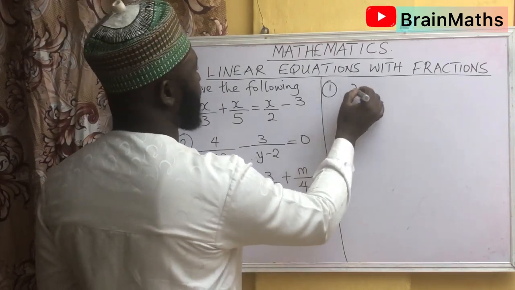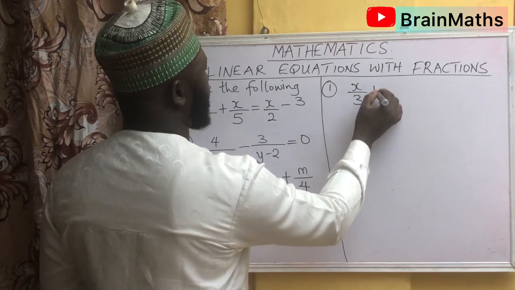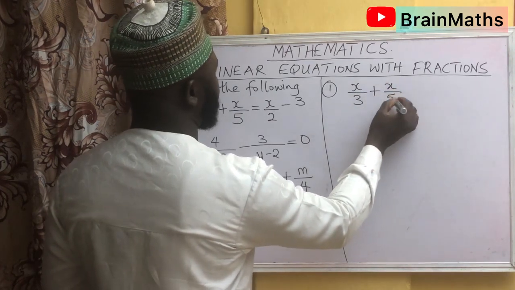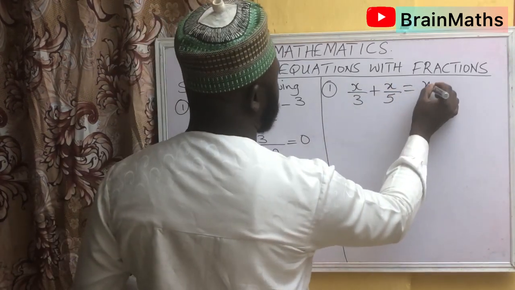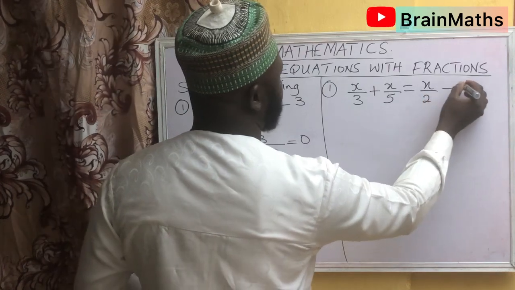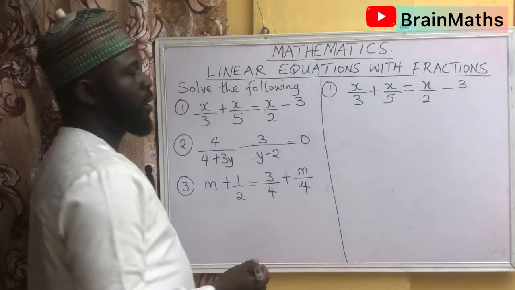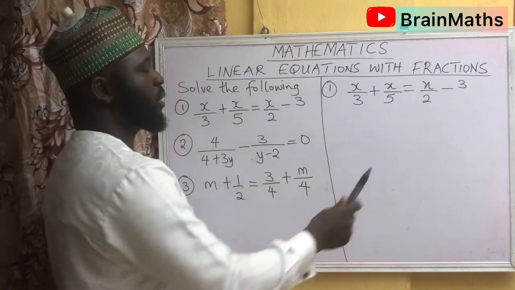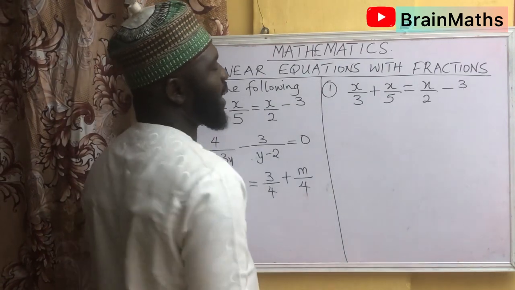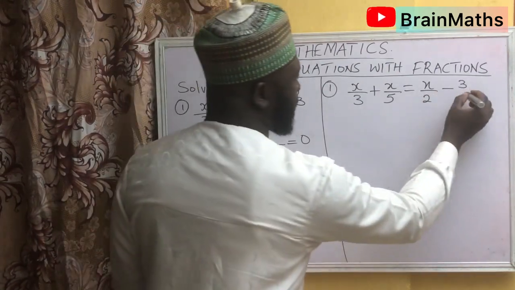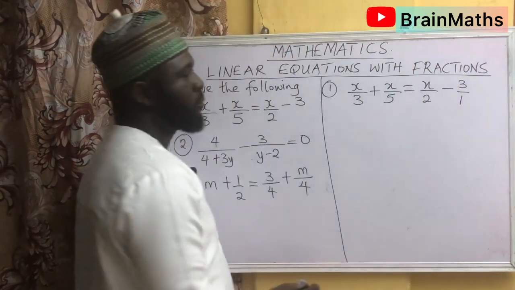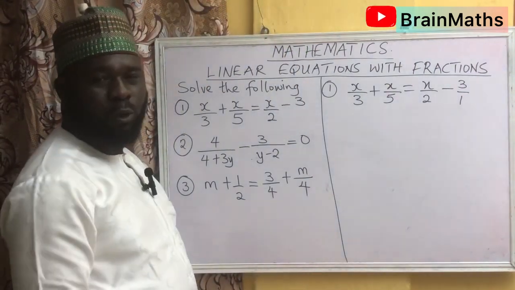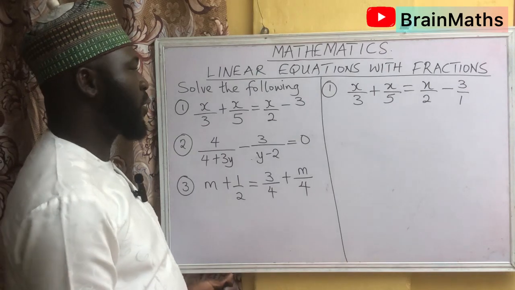Number 1 says x over 3 plus x over 5 equals x over 2 minus 3. Now, this constant minus 3, you can just write it as 3 over 1 to make every one of them look like fractions.